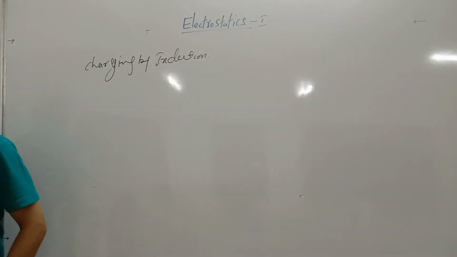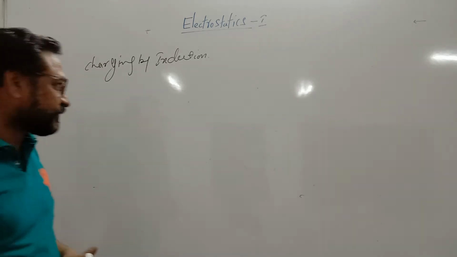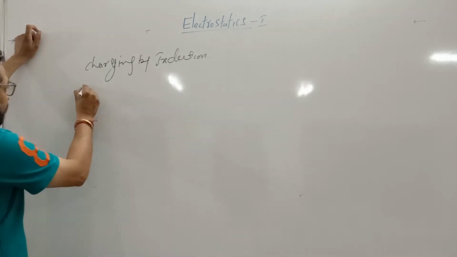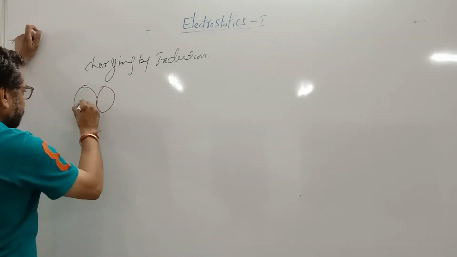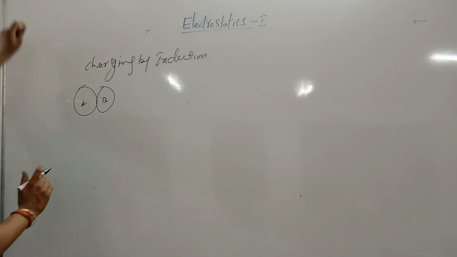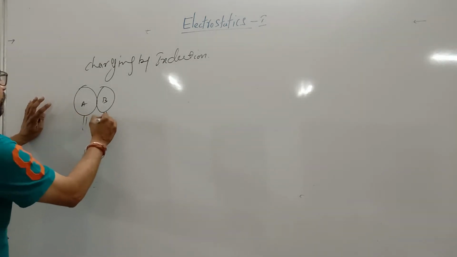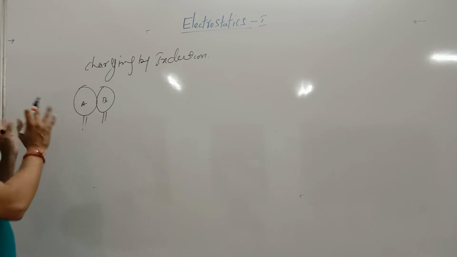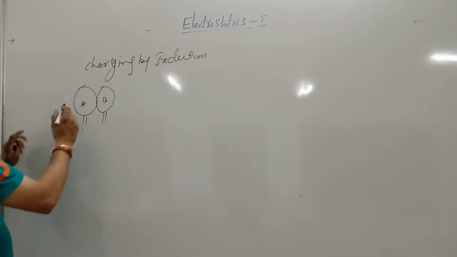Again, this is a phenomenon of induction, and bodies can be charged by this concept. Please see that side. There are two bodies A and B in contact, simple, no problem. In this condition, there is no other charged object nearby.